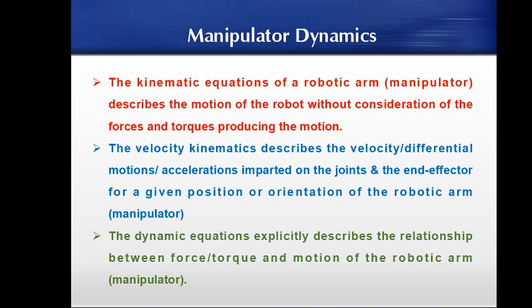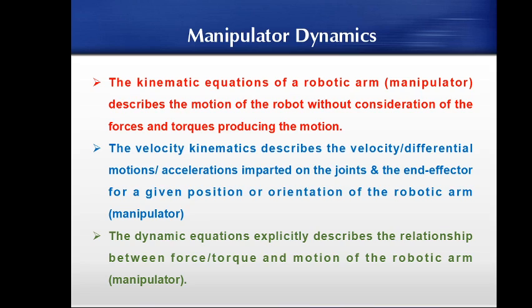Followed by this, using this information regarding the position and orientation of the end effector, we started the velocity kinematics, where using the information derived by applying the kinematic equation analysis, we described the velocity of the end effector, or the differential motion information of the end effector.